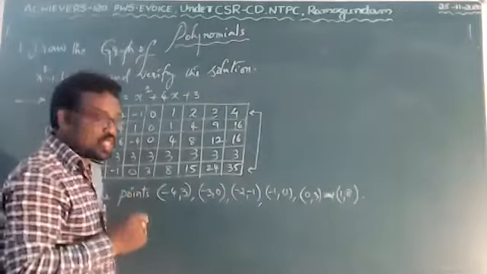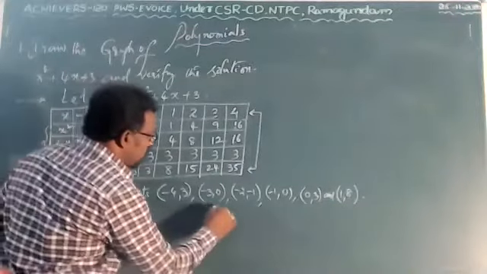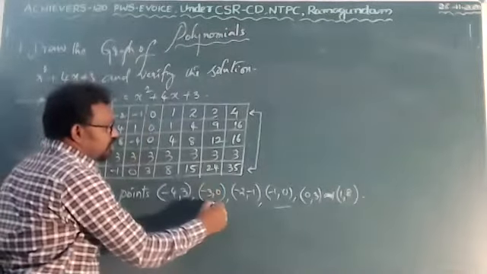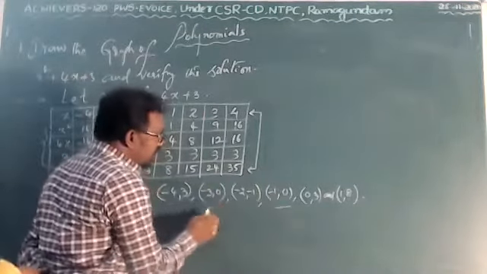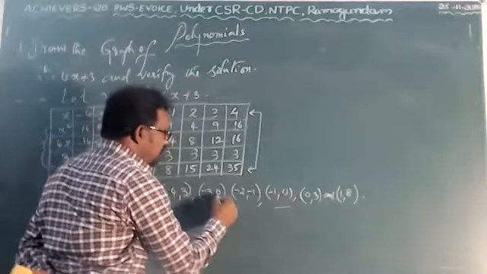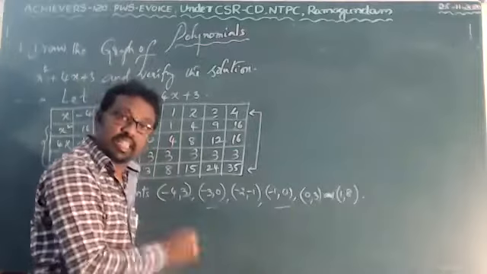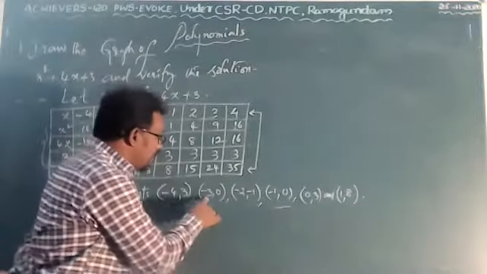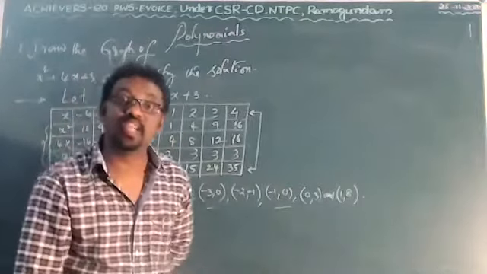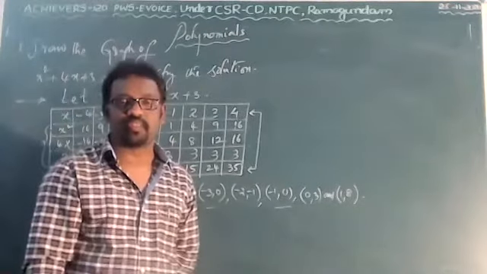The most important, children. These two are most important. What do you understand, taking out these two? What do you understand here? Y value zero, x value something is there. In the sense, -3 and -1 are the zeros of the polynomial.